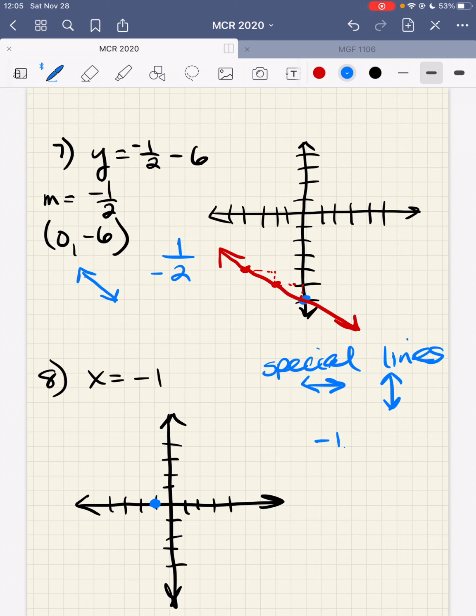I can use negative 1, 0 as my first point. Now there is no y here, so it could be anything we want it to be. I just need to make sure that no matter what point I use, my x value is negative 1. I'll say it's negative 2. So this is my line going through the x at negative 1, and this is indeed my vertical line.